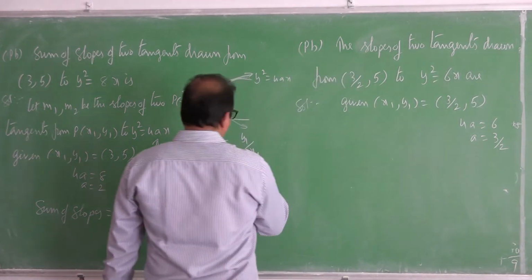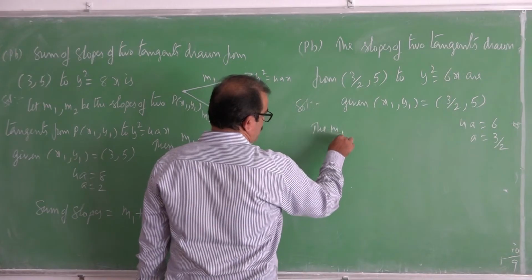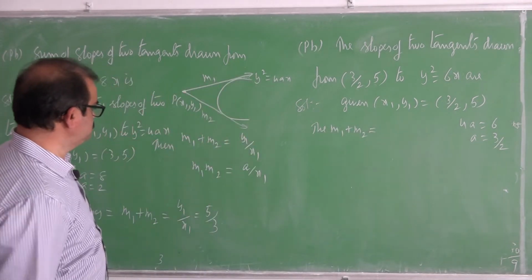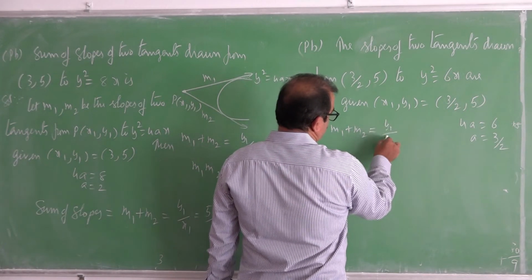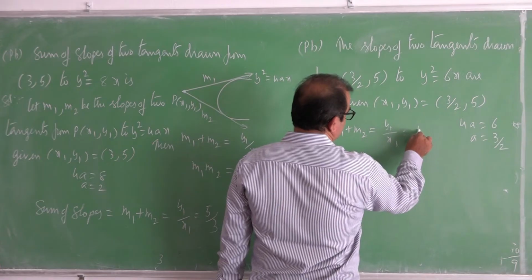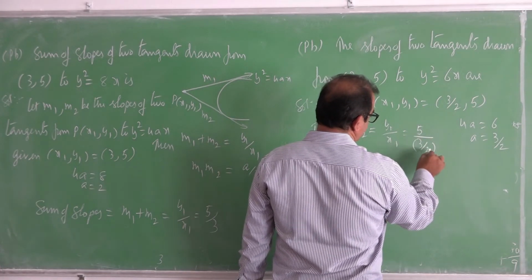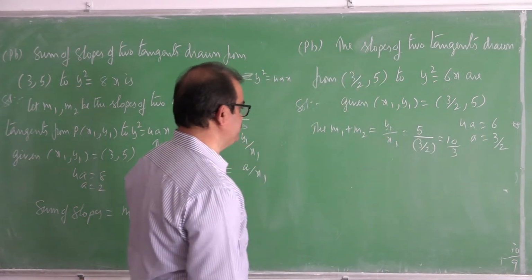Now, what is the sum of the slopes? m1 plus m2 is y1 by x1. What is y1? 5. x1 is 3 by 2. 2 goes to numerator. 10 by 3.